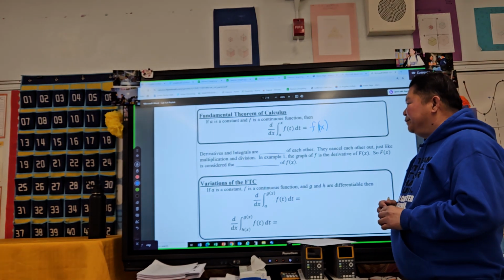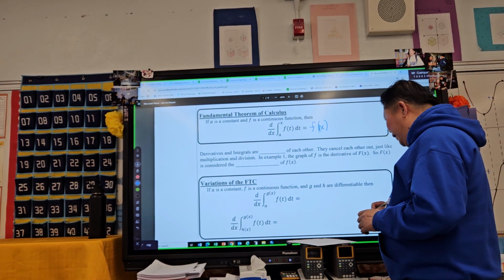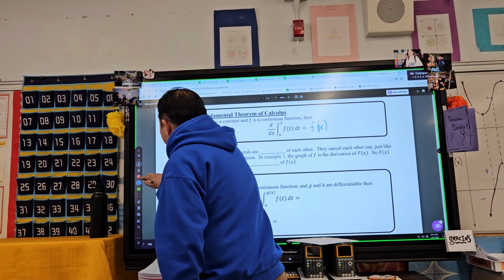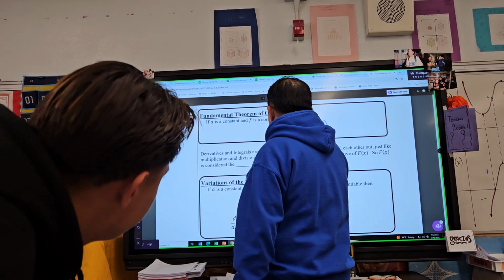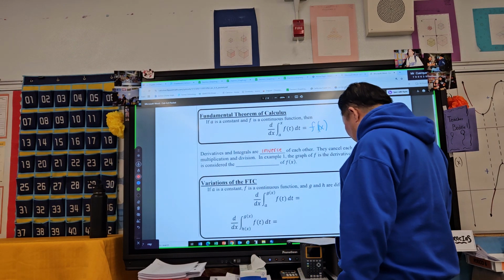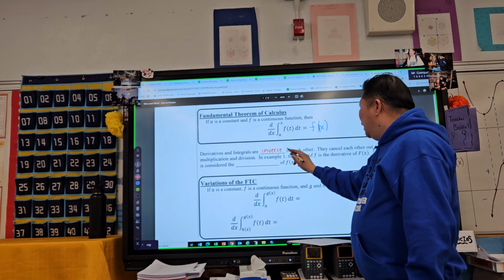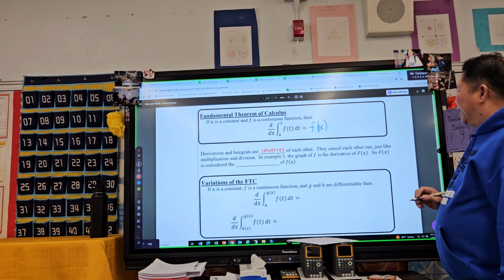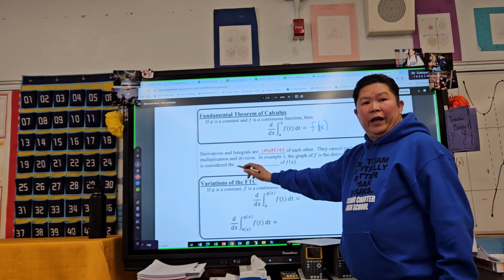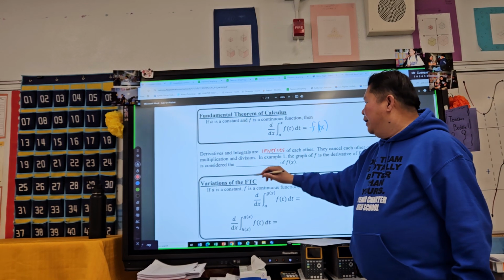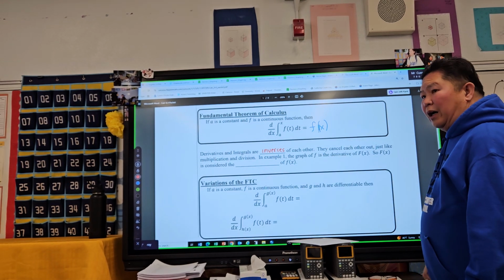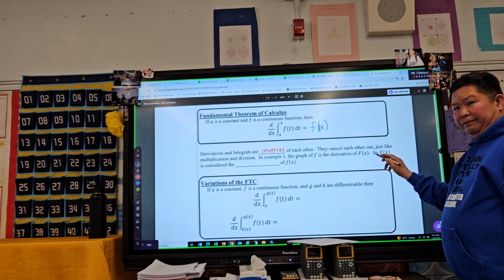Okay. So derivatives and integrals are inverses of each other. They cancel each other out, just like multiplication and division. In example 1, the graph of f is the derivative of the function.